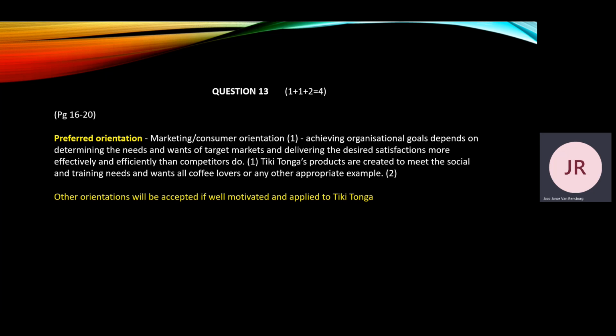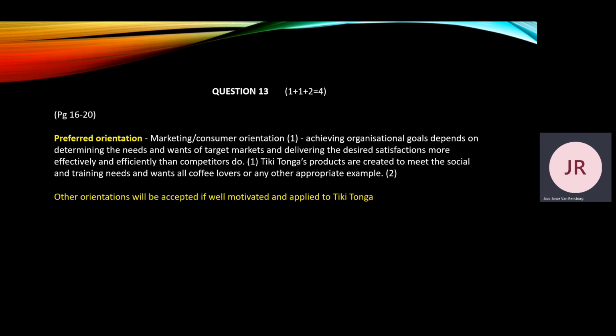The one that is most preferably the closest to a model answer would be the marketing or customer orientated one. That's the orientation that focuses on organizational goals through satisfying the needs and the wants of the customers of the target markets, delivering in a satisfactory manner, and doing it better than our competitors.